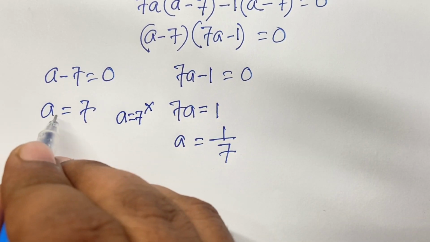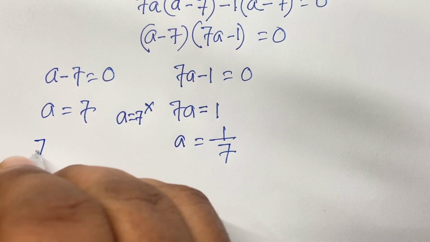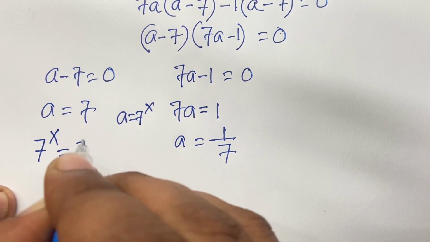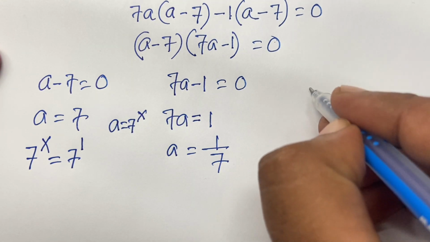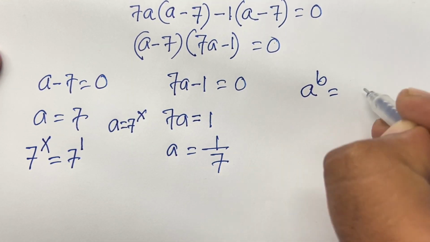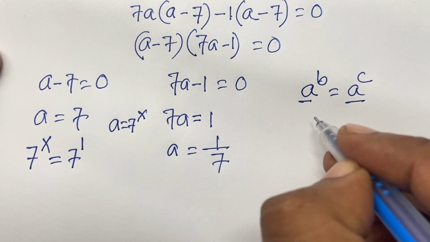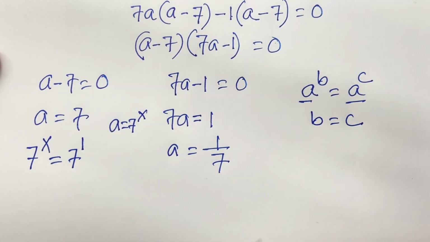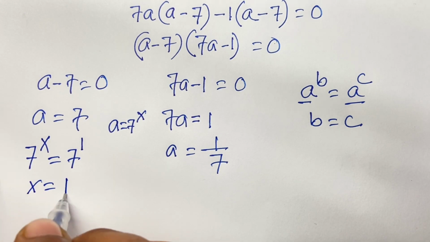If I put this value in, I can say 7^x equals 7^1. According to exponential rules, if the base is the same, the power is the same, so x equals 1.